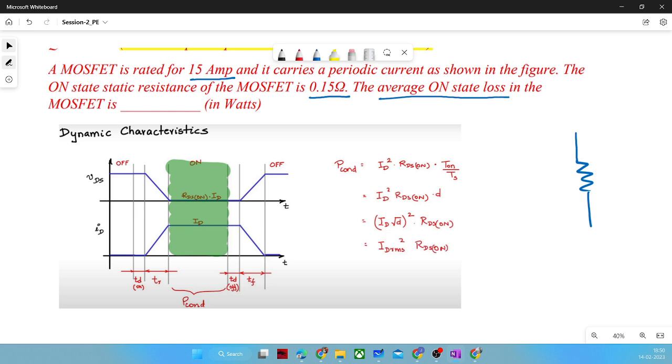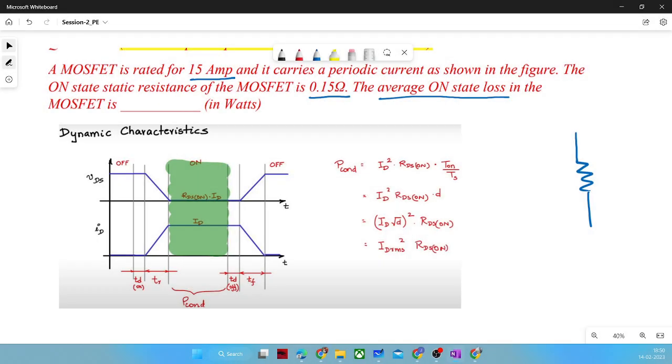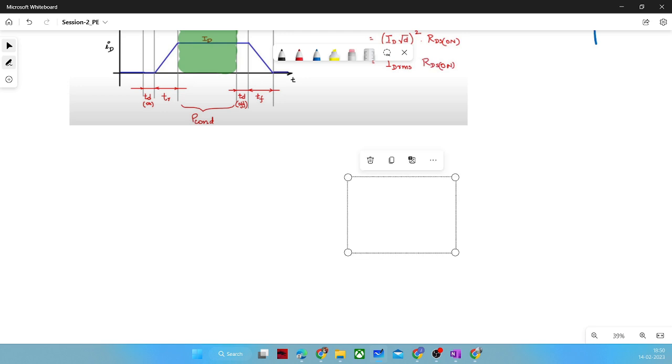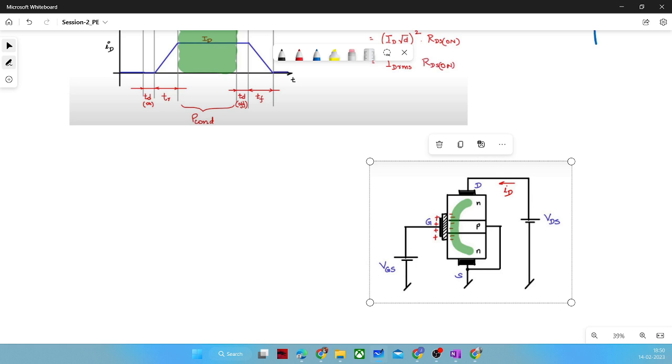Okay, so let me bring back one figure. This is the common operation of MOSFET.